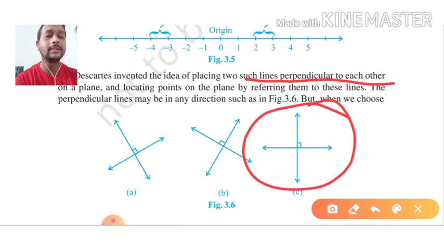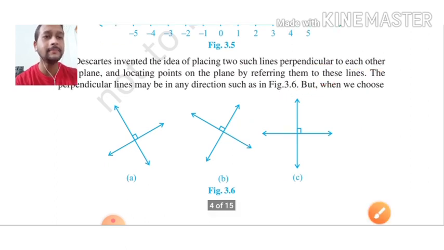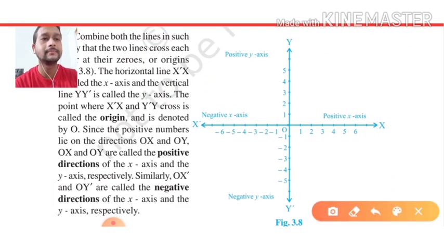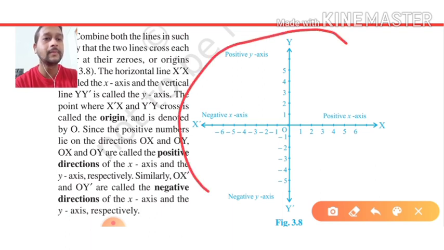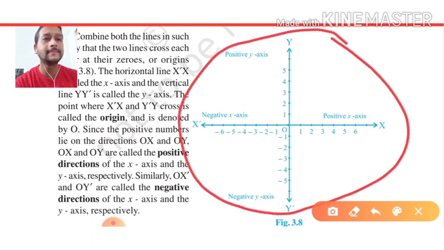Both these lines represent a number line. It is given here, you see this one. These are two perpendicular lines, each representing a number line. One will be the horizontal and the other will be the vertical number line.